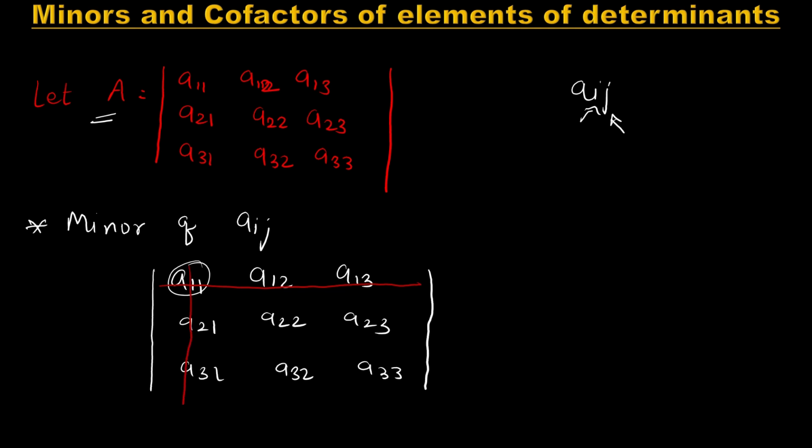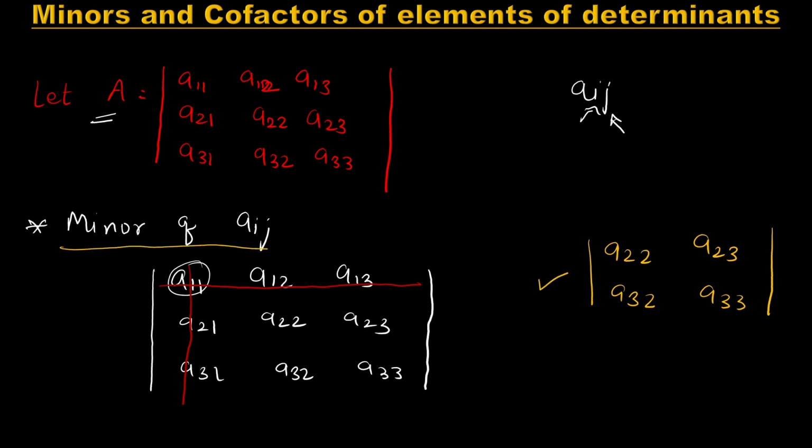Whatever is left, A22, A23, A32, A33, the determinant of this matrix will be the minor of A11.